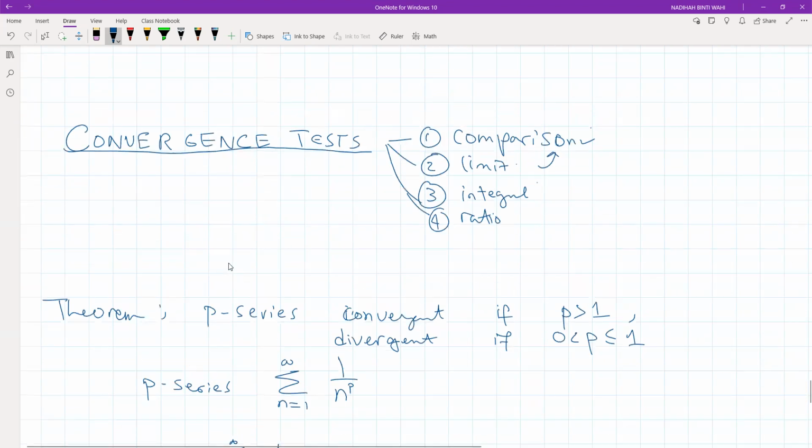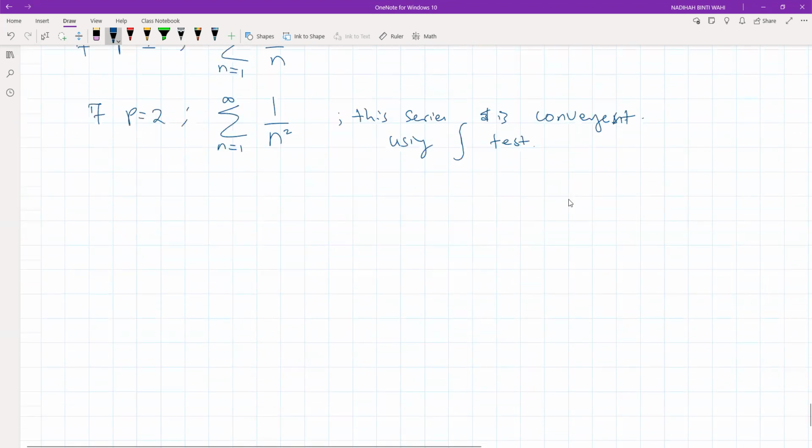Okay. Kita guna comparison test dulu. Okay. Comparison test example. If you have any question, just let me know. Don't be quiet.